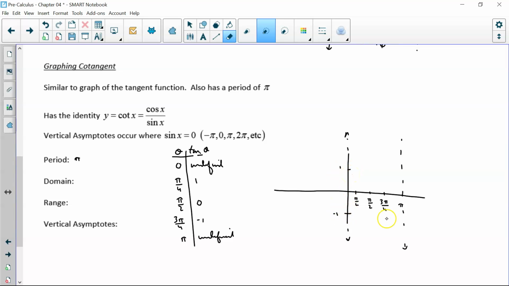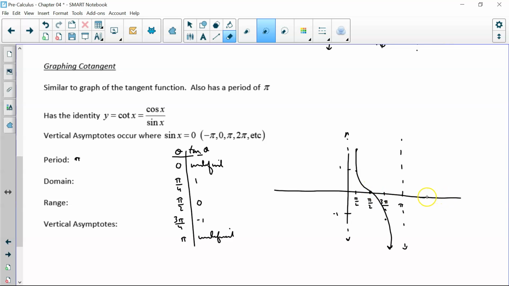At 3 pi over 4, we're at negative 1. At pi over 2, we're at 0. And at pi over 4, we're at positive 1. So what cotangent is going to look like is, unlike tangent, which rises from left to right, cotangent falls from left to right. Now, once we have that, we can just sketch the other ones real quick.